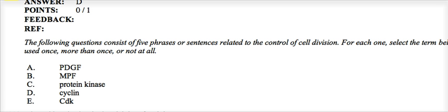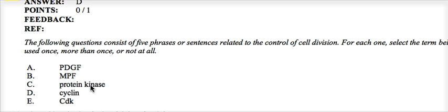So here's a bunch of questions that are related to these molecules. We expect you to be able to describe the function of these molecules in the control of cell division. So if you're confused about what these actually are, it's on pages 229 and 230. PDGF is platelet-derived growth factor.